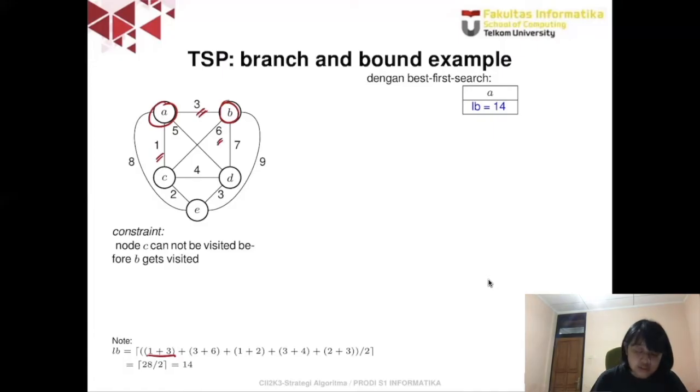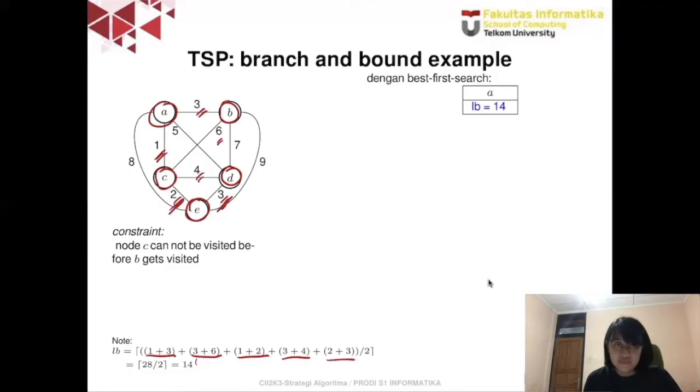So we have this. And then for C, the lowest weights are 1 and 2. So we have this. And next for D, the lowest weights it's attached to are 3 and 4. So we have this. And finally, for E, the lowest weights we have are 2 and also 3.